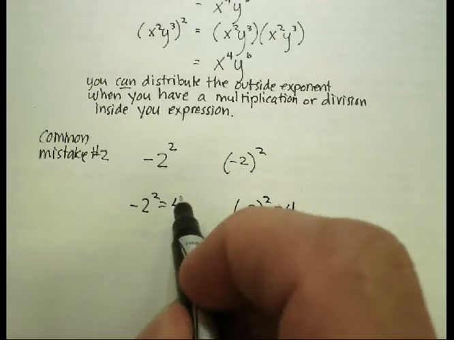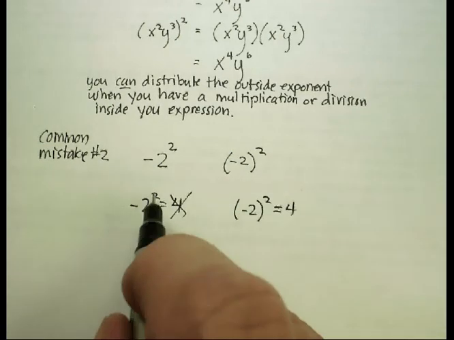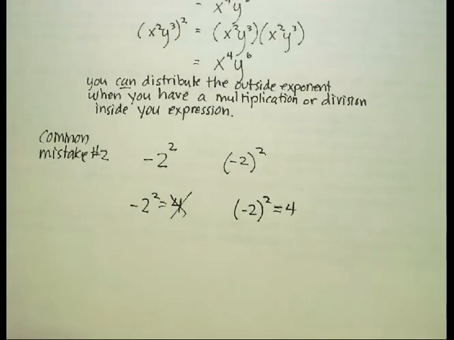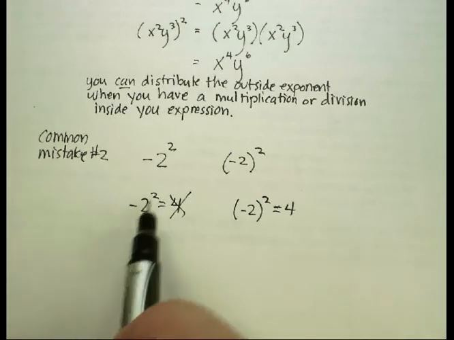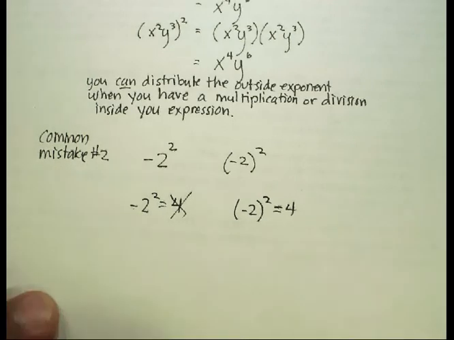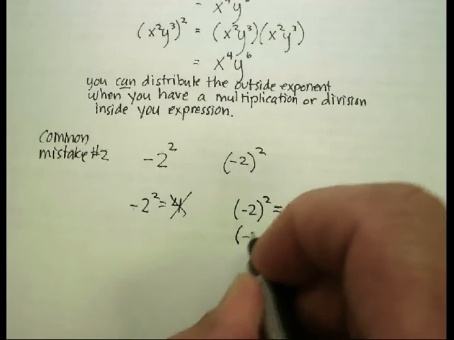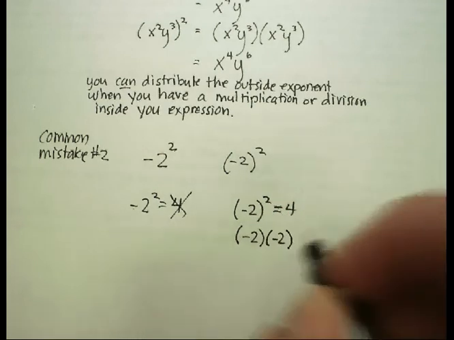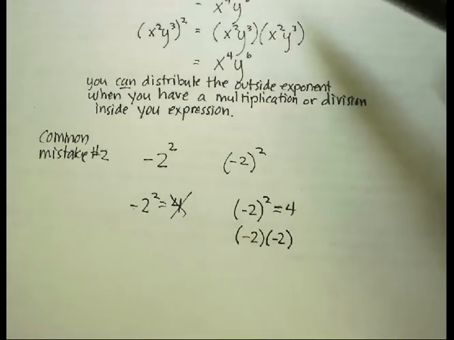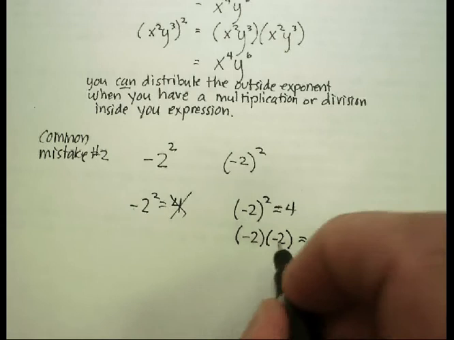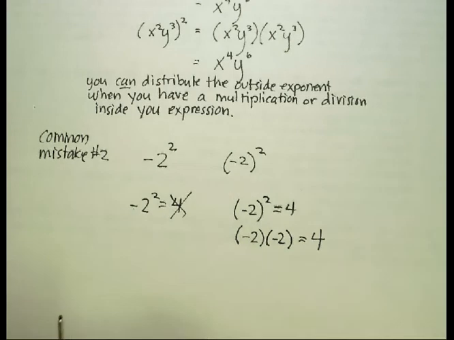This one's incorrect. Negative 2 squared is not equal to 4. Why? Because really you're not squaring the negative 2, you're just squaring the 2. Here, however, you're squaring the whole quantity. You're saying negative 2 times negative 2, a lot like that first common mistake, right? And a negative times a negative gives you a positive.